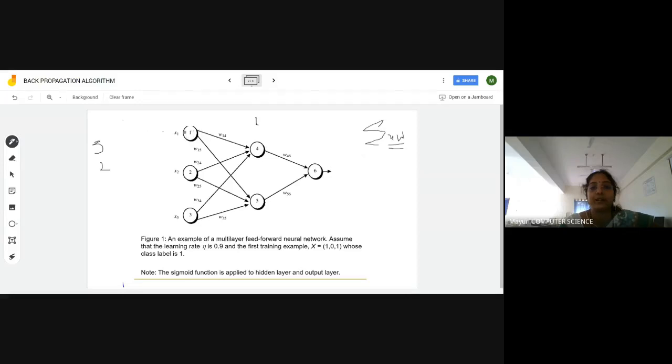x1 is the input, x2 also goes to 4, x3 also goes to 4. So the combination you will try here is x1 into W14, the weight from 1 to 4. Then x2 into W24, then x3 into W34, plus the bias weight of 4, which is W04.